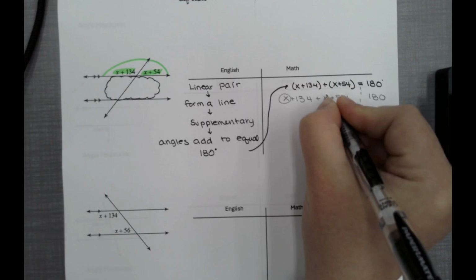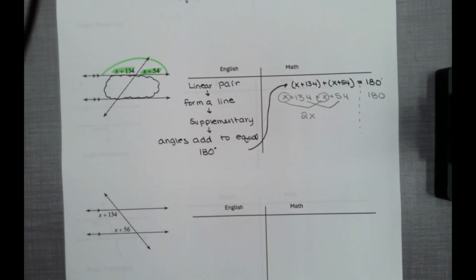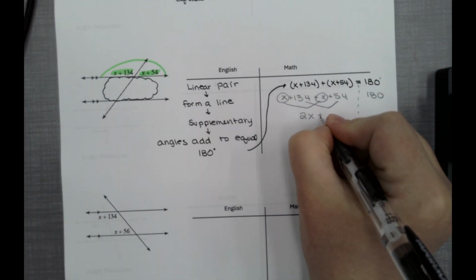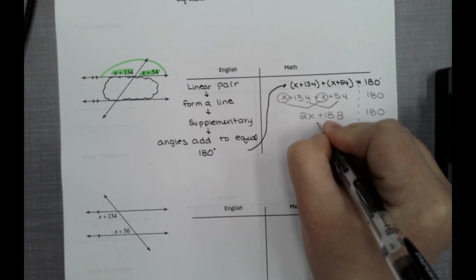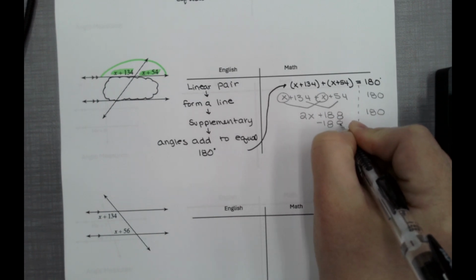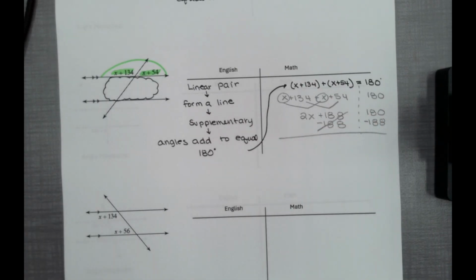So we have an x and an x. That gives us two x's. We need to add 134 plus 54, which gives us 188 positive. I'm going to subtract 188 on both sides. That gives me a -8.